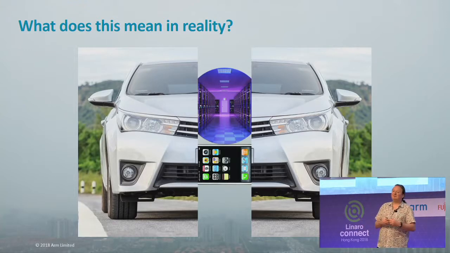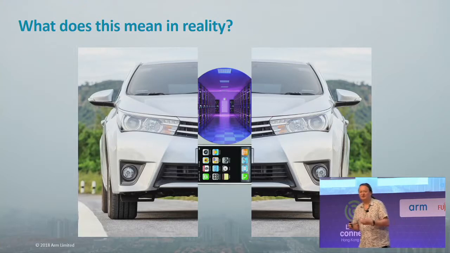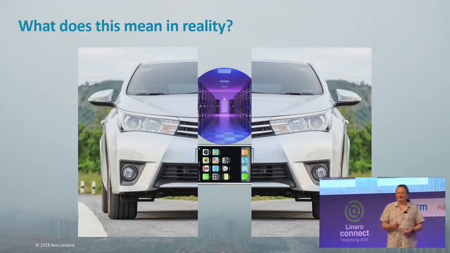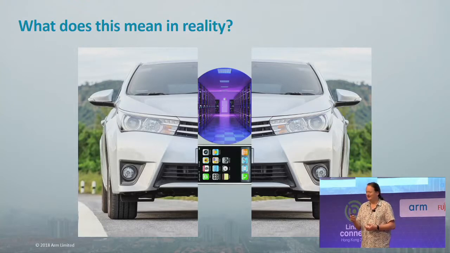It means that we're merging technologies from multiple segments. We're adding safety critical system requirements, along with mobile communication technology, mobile security. Sounds like fun. Sounds like the sort of challenge that we'd like to take up.